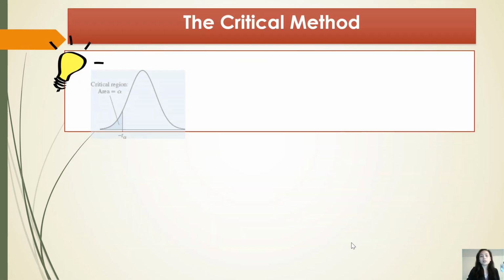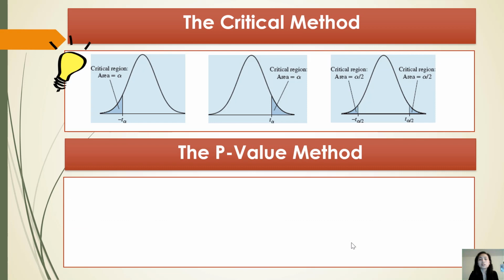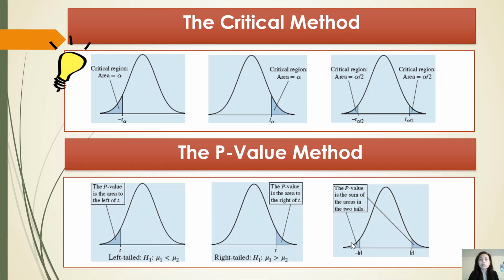Alright, here I have the picture for you to compare. Many times people will get confused between the three tests, left tail, right tail, two tail, and also some will be confused between the critical method and the p-value method. So here I have to include the 6 pictures of the p-value method and the critical method to compare. Let's look at the first method, the critical region.